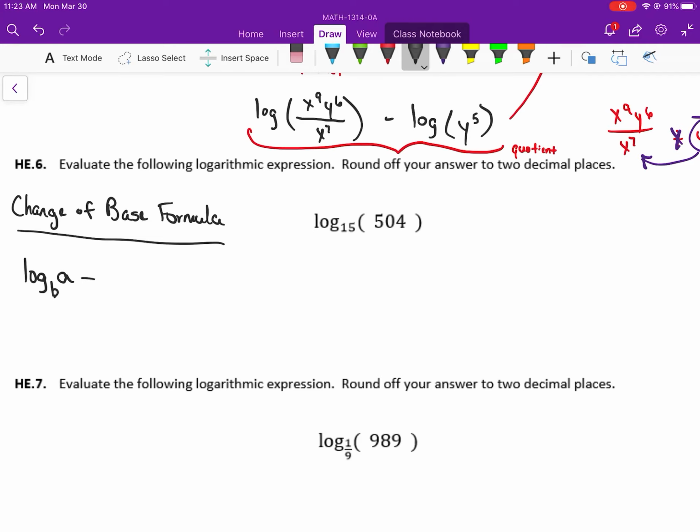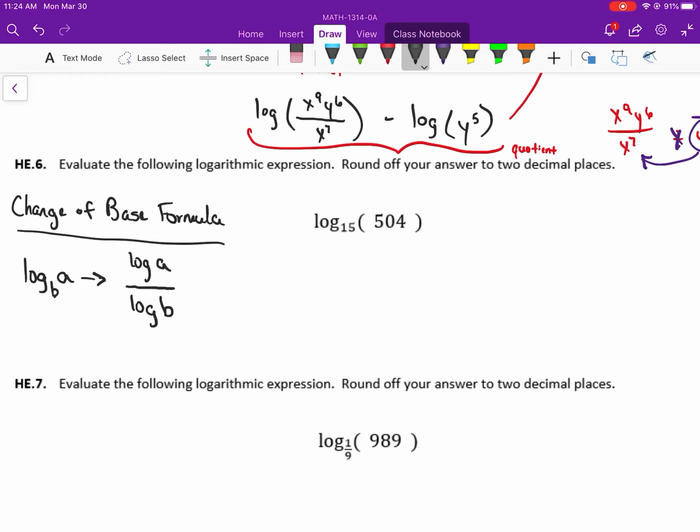If I have log base b of a, and I cannot convert that back to an exponential to solve it, then what we can do is take the log of A and divide that by the log of B. Okay, and then that will give me my answer.